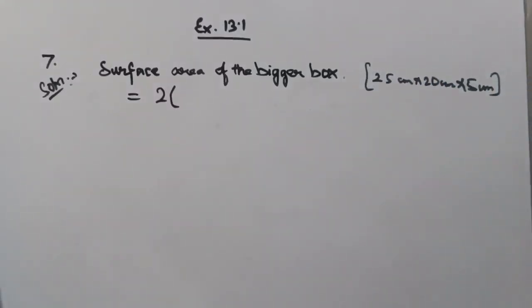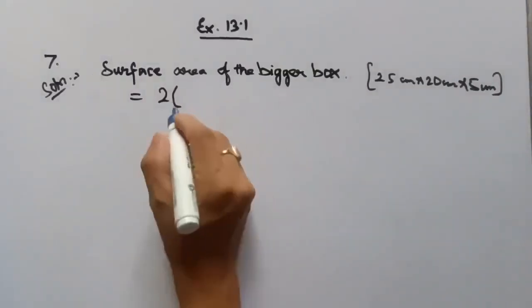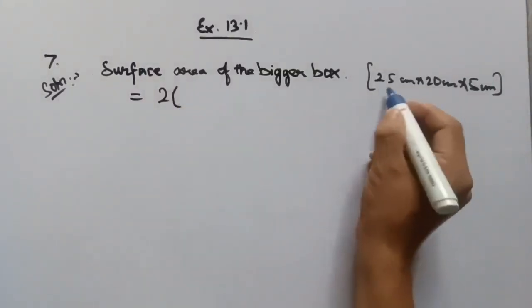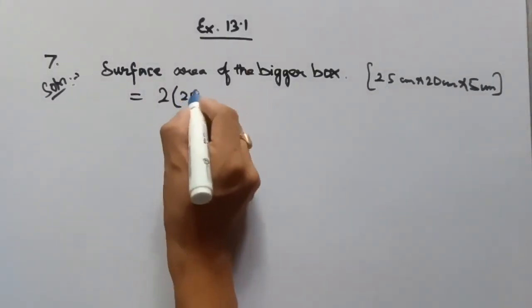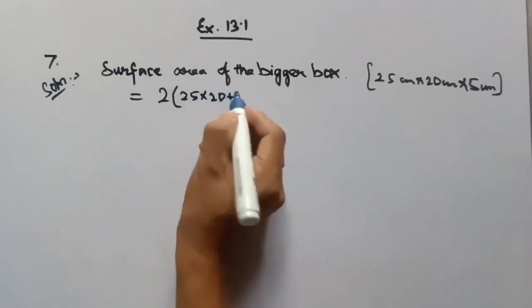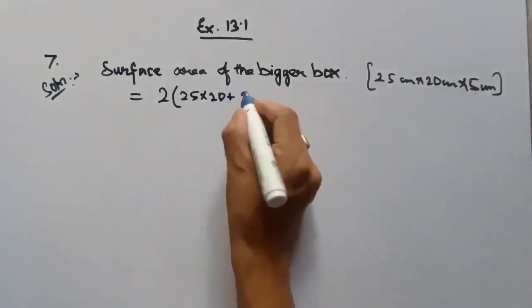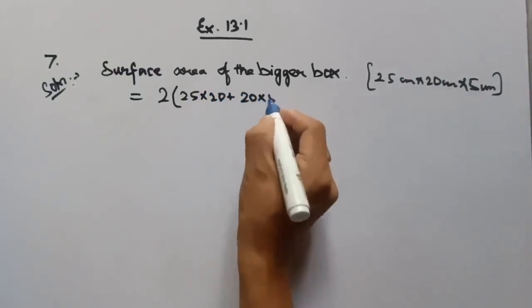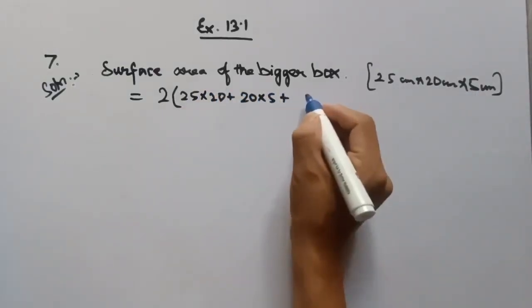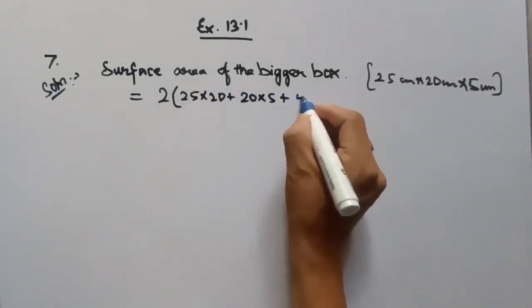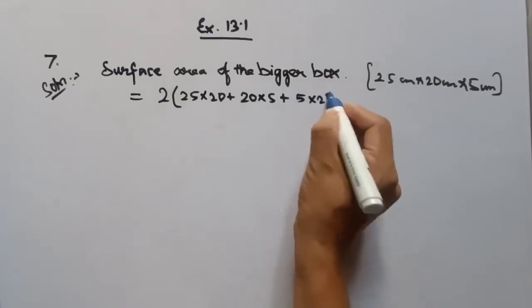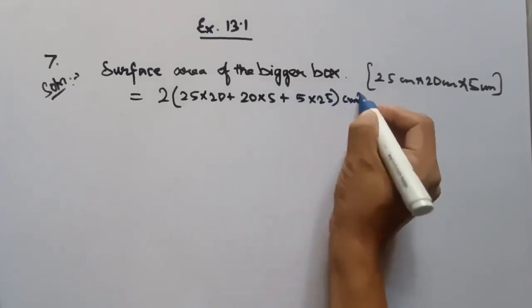So the surface area of the bigger box will be 2 times length into breadth, that is 25 into 20 plus breadth into height 20 into 5 plus, and then height into length, so 5 into 25. This will be centimeter square.